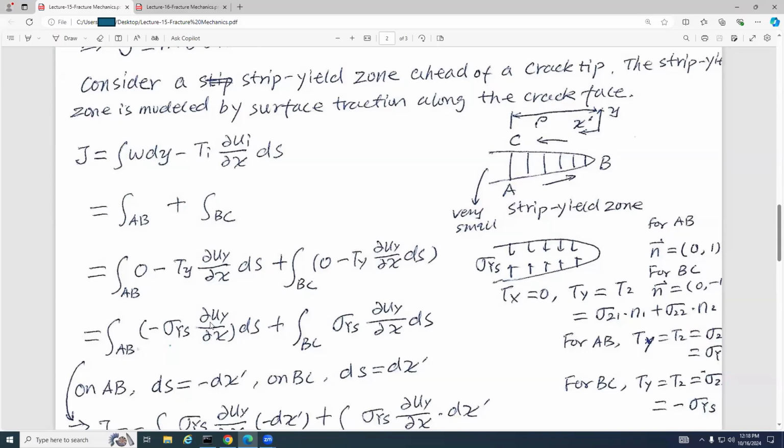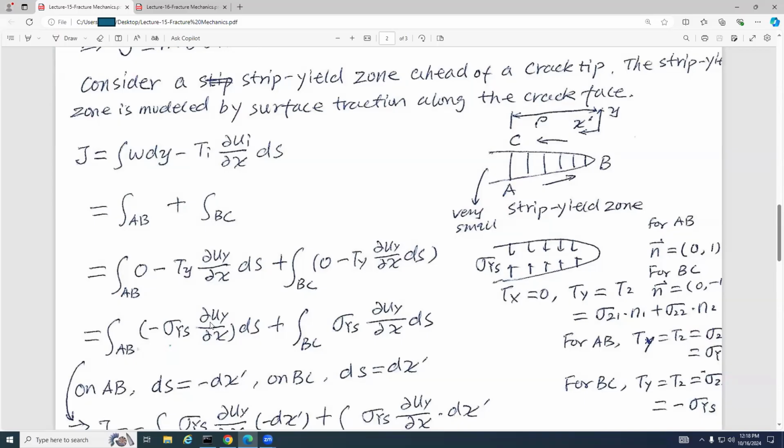Summation means you let i equal 1 and 2 for 2D. When i equals 1, I have T1 du1 dx, then plus T2 du2 dx. Okay, now look here.